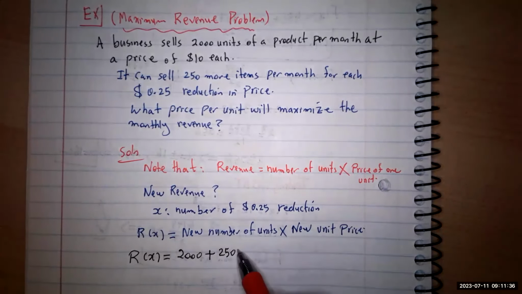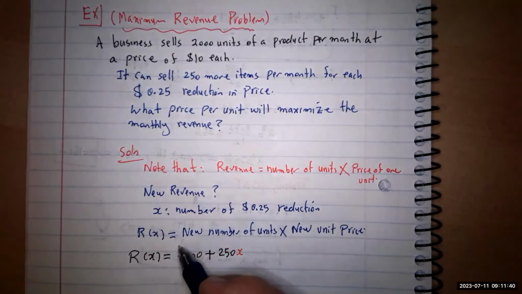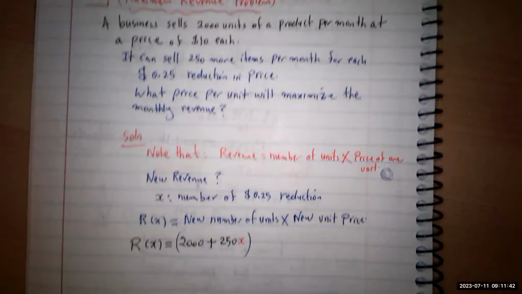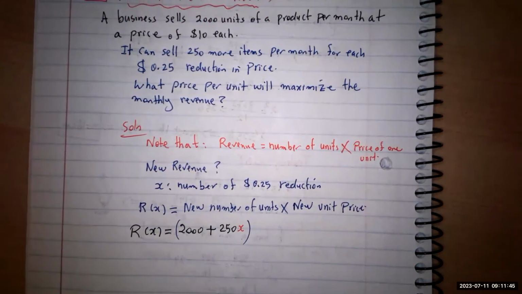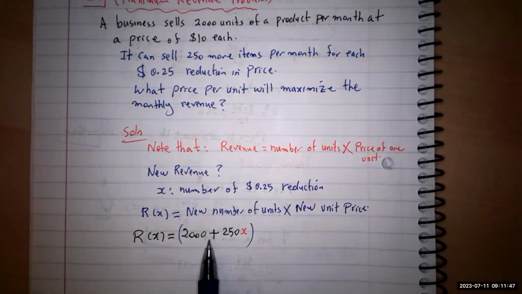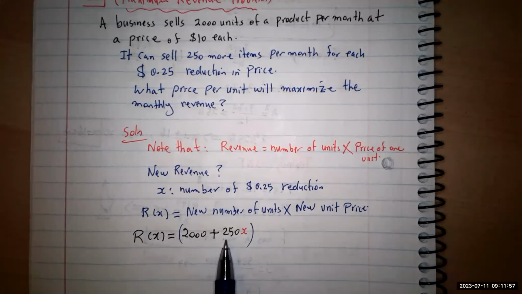So this is going to be the new number. Any question? If the number of customers reduces, it would be negative. In this case it increases. So originally you're selling 2,000 units per month, but now you get more customers. Any time you reduce the price, you get 250 more customers. But how many times are you reducing the price? x number of times. Any question?